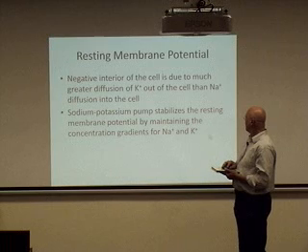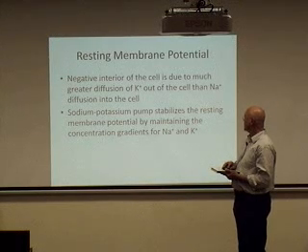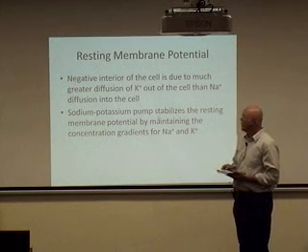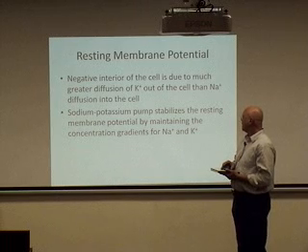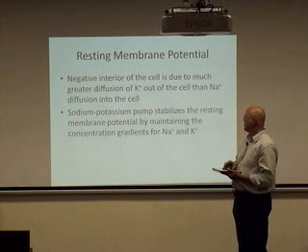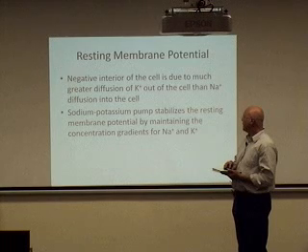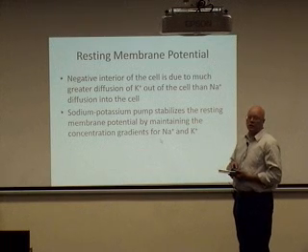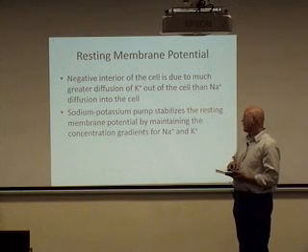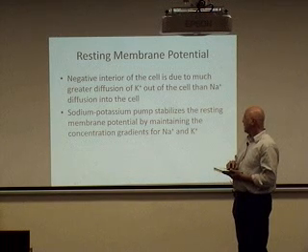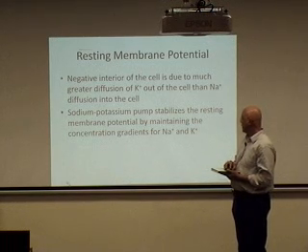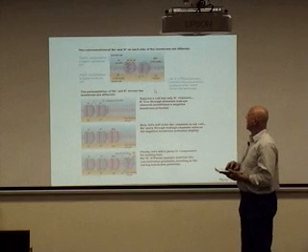Then we have one more factor, the sodium-potassium ATPase pump. This pump stabilizes the resting membrane potential because it helps maintain the concentration gradients of sodium and potassium, maintaining a high level of sodium outside and a low level of potassium inside. So let's put all that together.